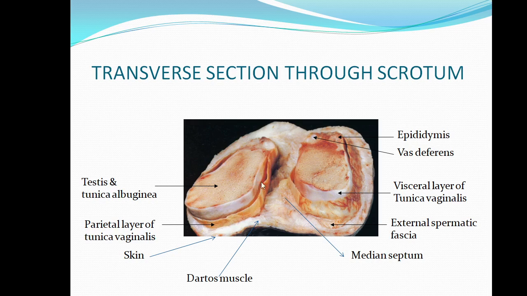The visceral layer is adhered to the tunica albuginea, a fibrous layer covering the testis, and this is the testis. At the posterior border of the testis, you can see the epididymis, and here you can see the vas deferens.